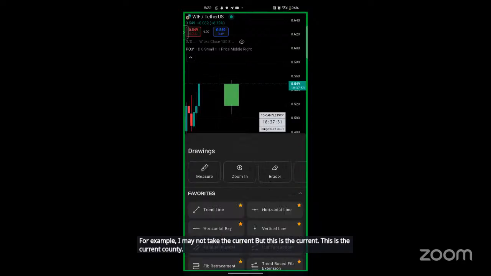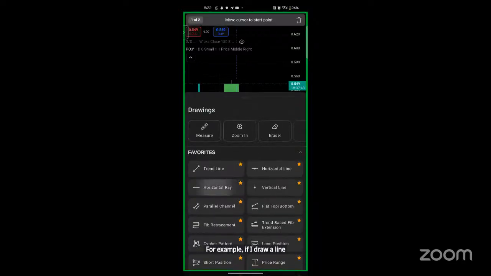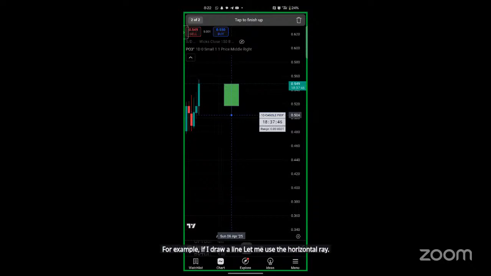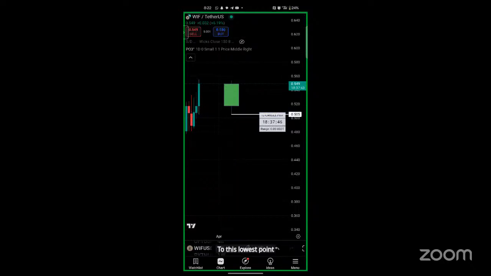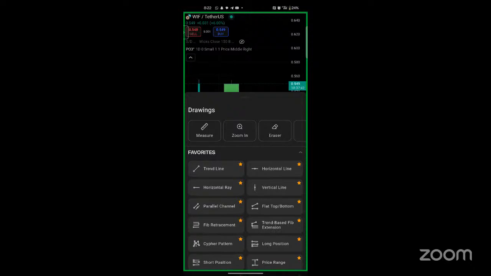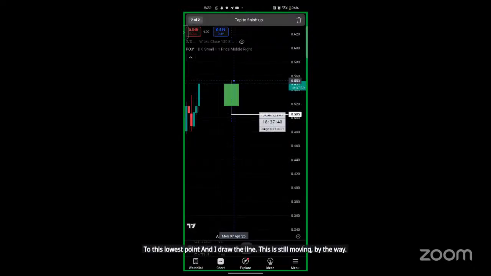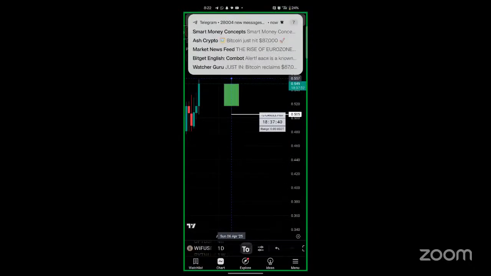For example, if I draw a line, let me use the horizontal ray to this lowest point, and I draw the line. This is still moving, by the way, to this highest price.